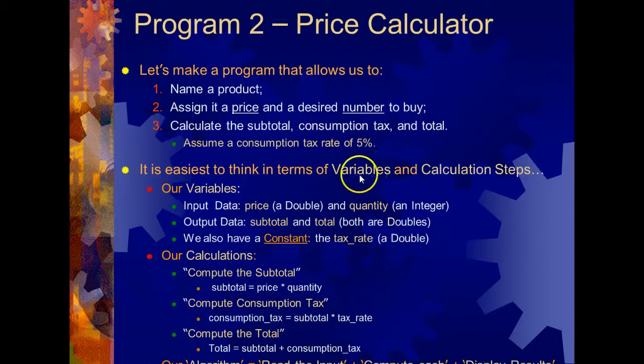So those are our variables, and our calculation steps compute the subtotal, which is just the price times the quantity, compute the consumption tax, which is the subtotal times the tax rate, and then compute the total, which is the subtotal plus the consumption tax.